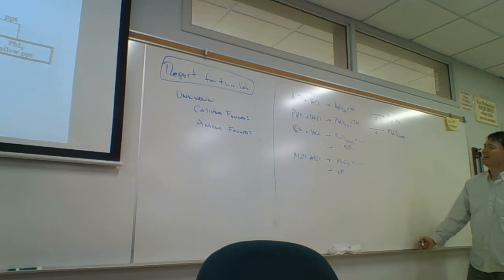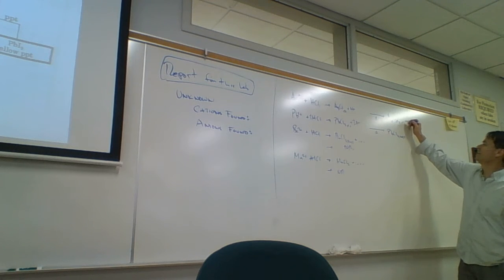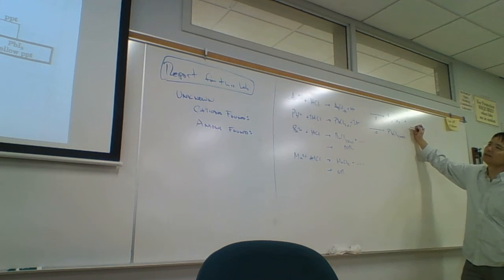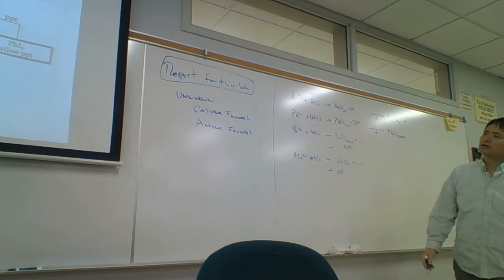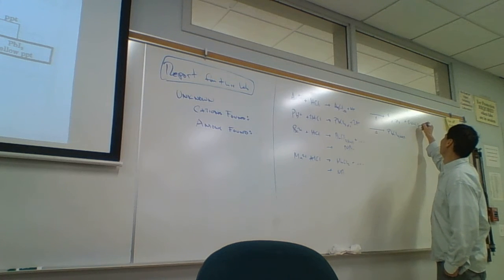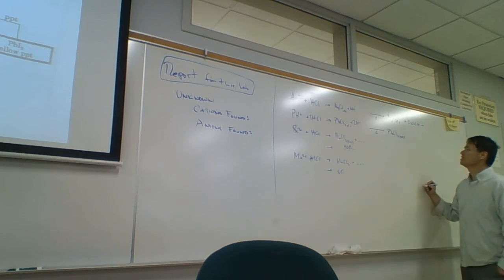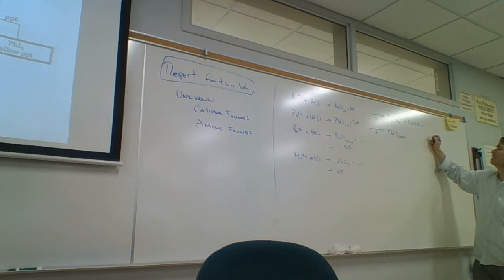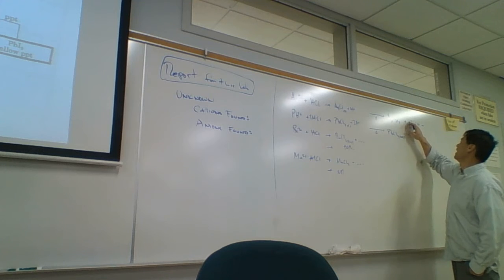Well, what we're going to do next is this. We're going to add to the silver chloride sodium hydroxide. So 2NaOH. We'll add NaOH.